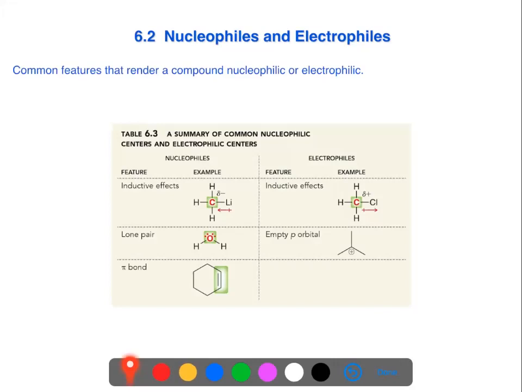And so you can see that inductive effects can play a significant role in whether a species is considered a nucleophile or electrophile. And again, we're going to use this strategy when looking at organic reactions. We're going to be comparing these features in a pair of molecules.